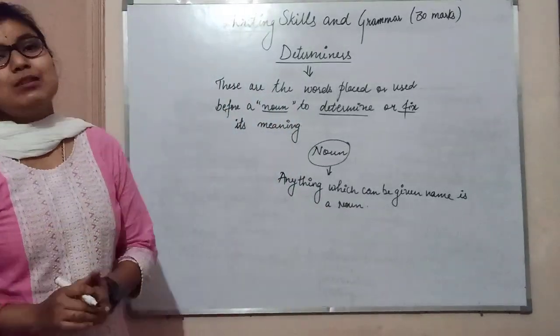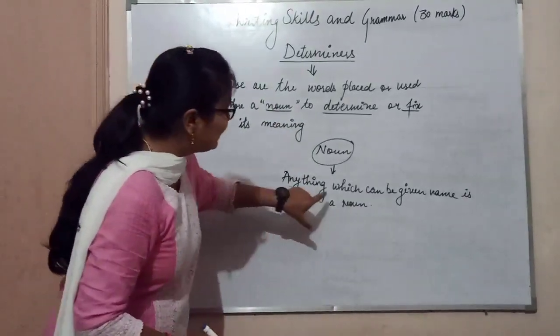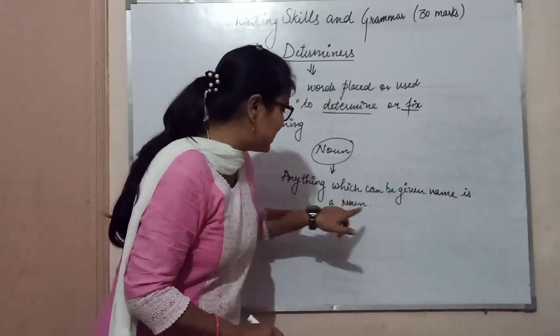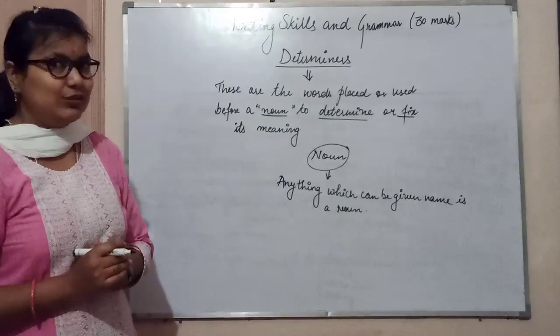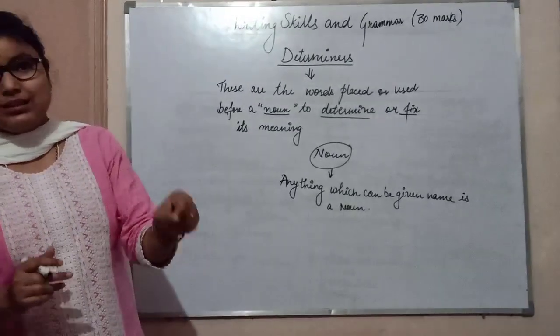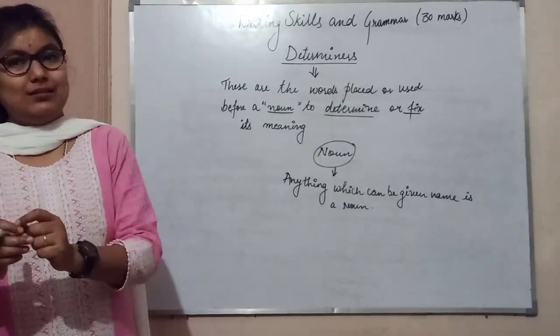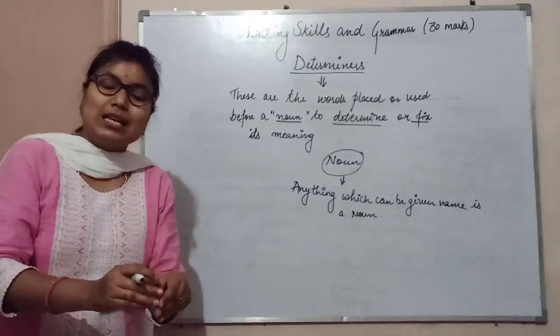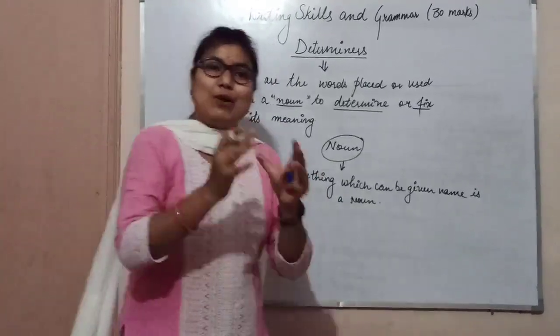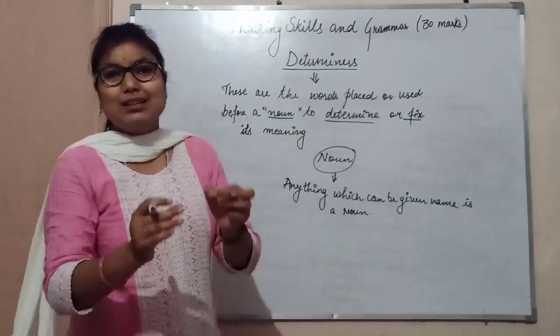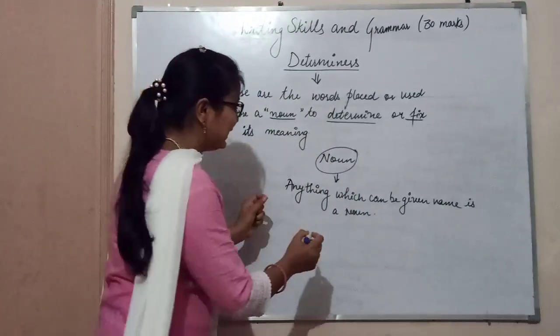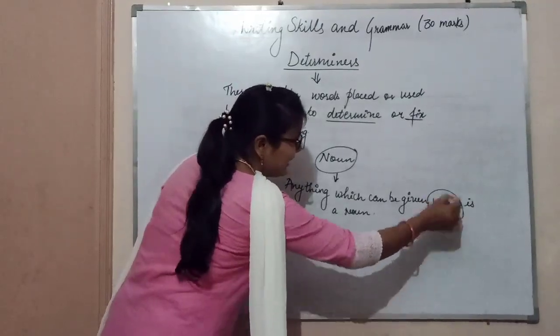Simply, a noun can be understood as anything which can be given a name. As we have been studying from our childhood, a noun is the name of a person, place or thing. So the main content in this is name.